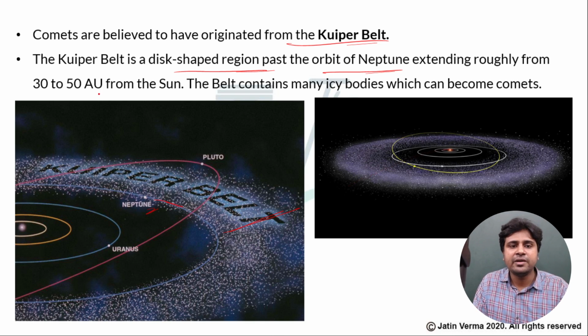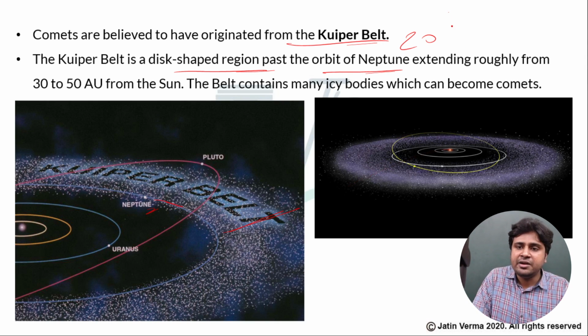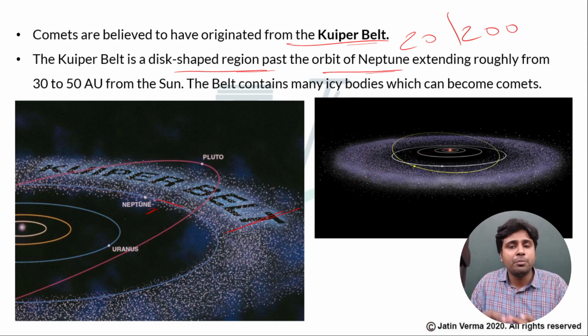That is nothing but Kuiper Belt. Now you can think of Kuiper Belt like asteroid belt. But the only difference between Kuiper Belt and asteroid belt is Kuiper Belt is at least 20 times wider than asteroid belt, and it is at least 200 times more massive than asteroid belt.